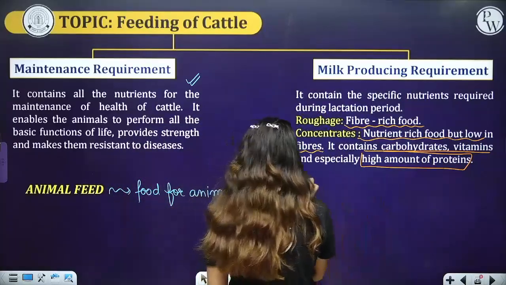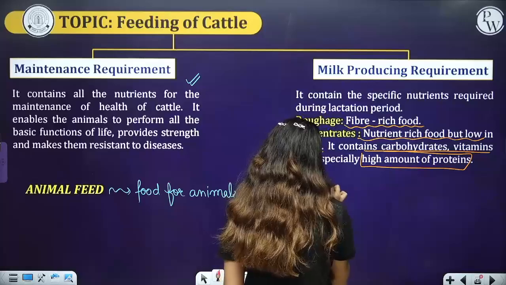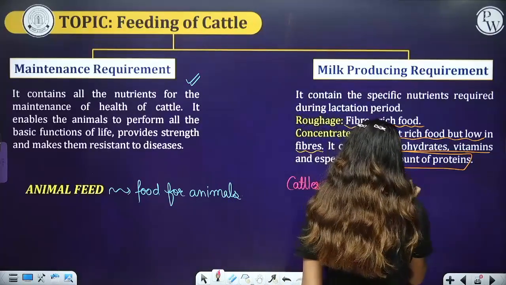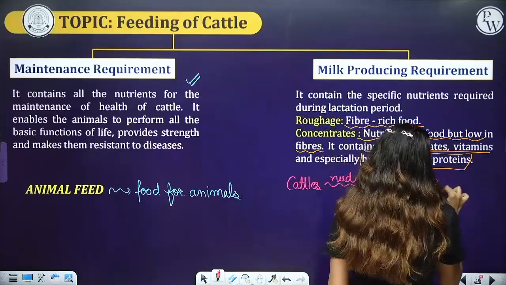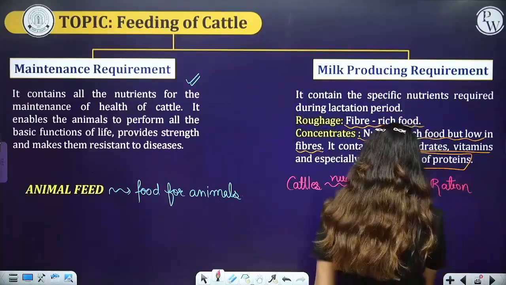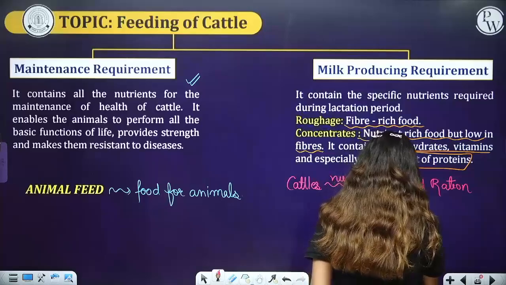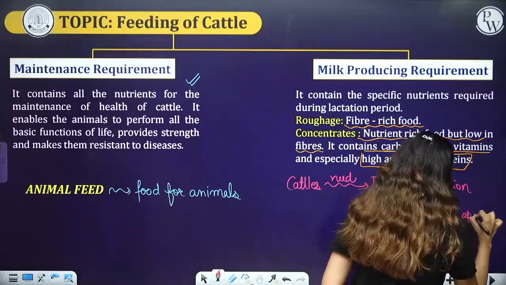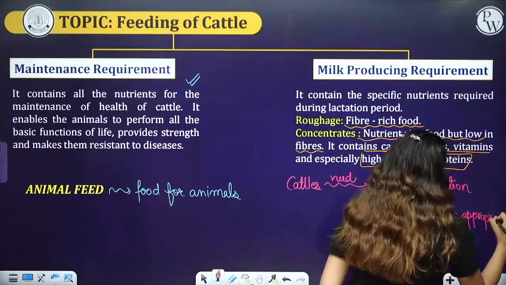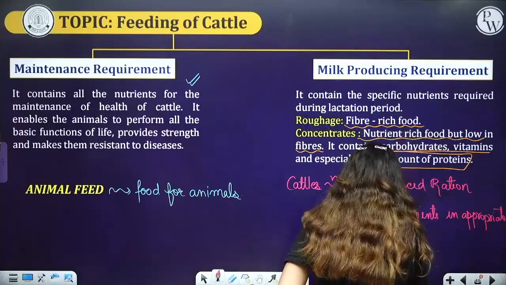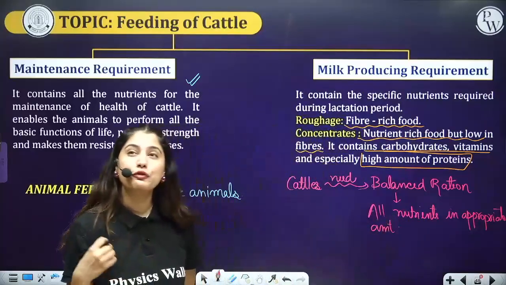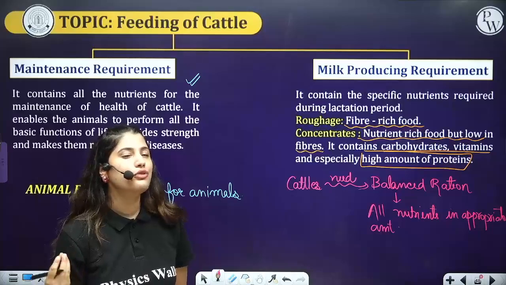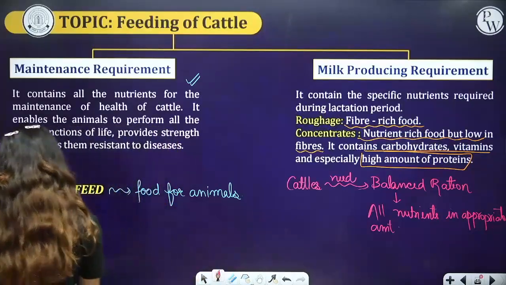So I can mention the cattle need a balanced ration, that is basically all nutrients in appropriate amount. And also sometimes we can add some food additives into their food so that the micronutrients are also there for their growth, right? We can give the food additives also.